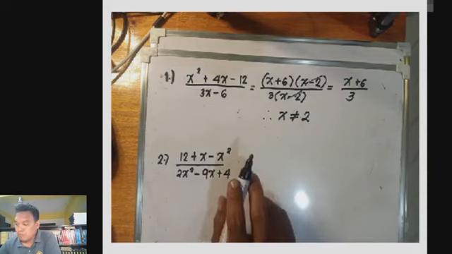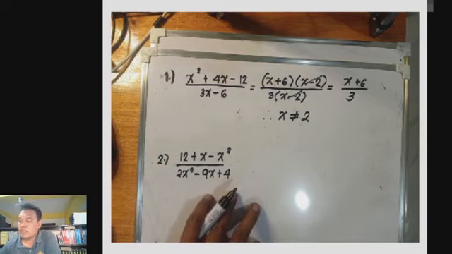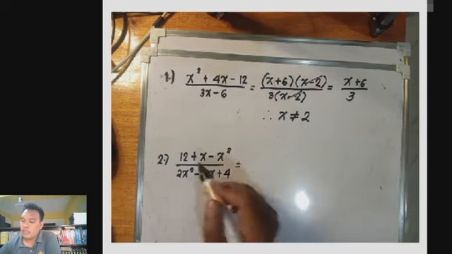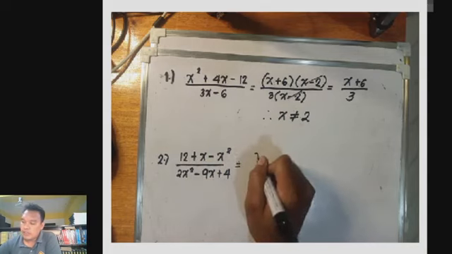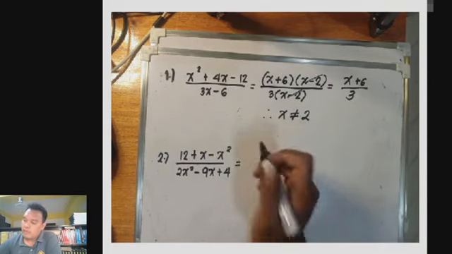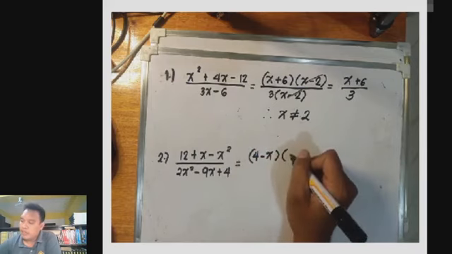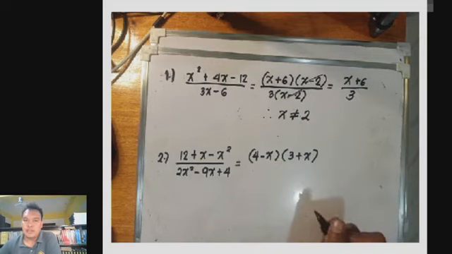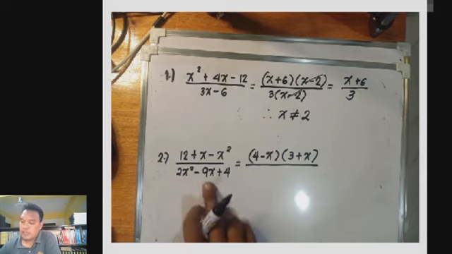Okay, so, example number 2, we have (12 plus x minus x squared) all over (2x squared minus 9x plus 4). Okay, so kapag pinactor po natin yan, yung 12 plus x minus x squared will be (4 minus x) multiplied by (3 plus x), all over 2x squared minus 9x plus 4.